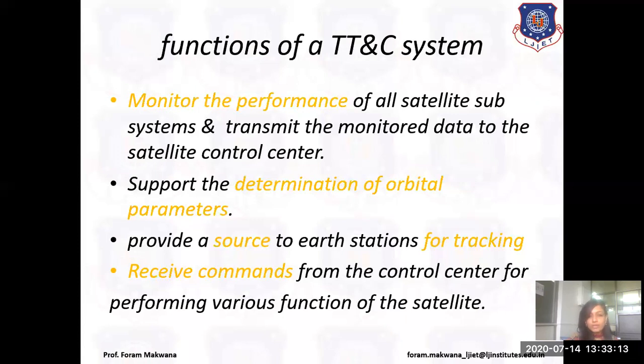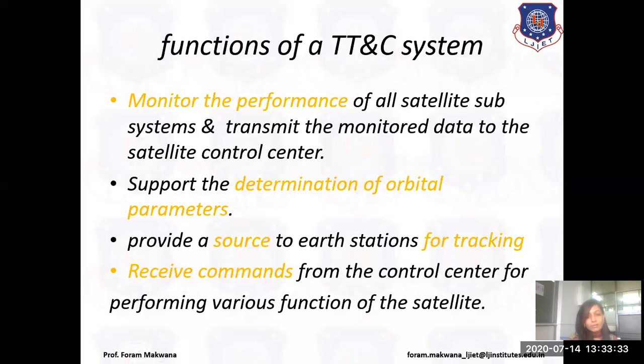And it also provides a source to the Earth station for tracking. Why we need to track our satellite? Because we are every time calculating what is the azimuth angle and what is the elevation angle.